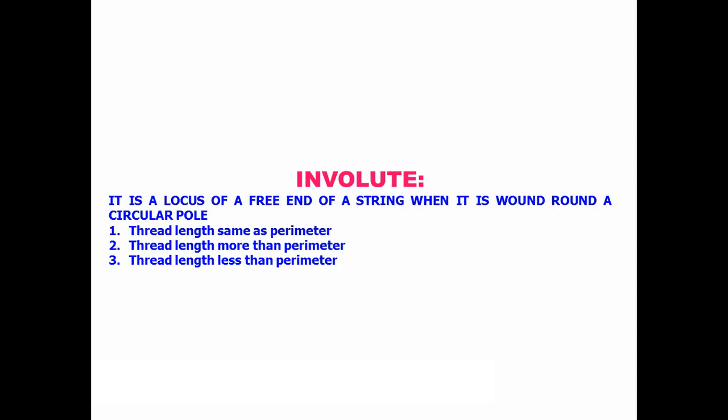So we will see now the first case. What is that? Draw the involute of a circle. String length is equal to the circumference of the circle. Now pay careful attention to what I am showing you. What is told?